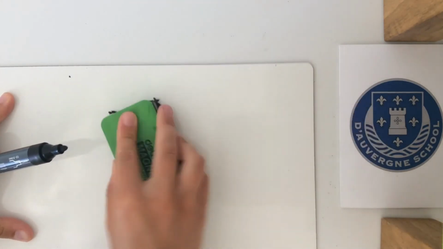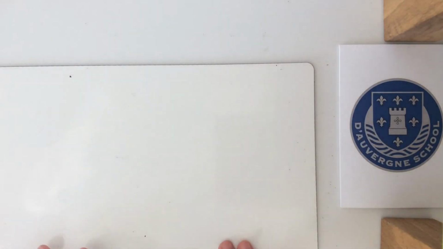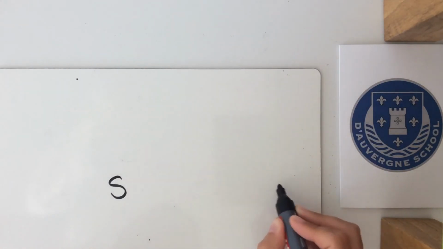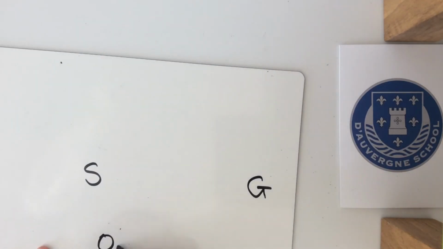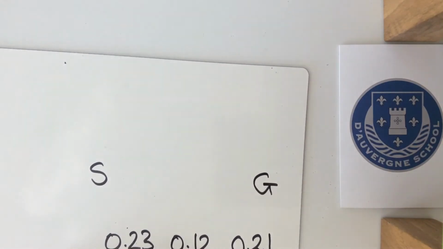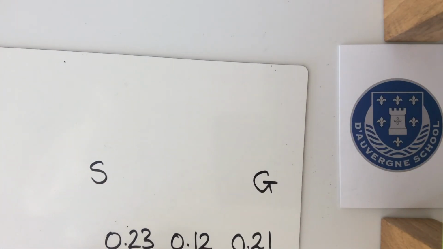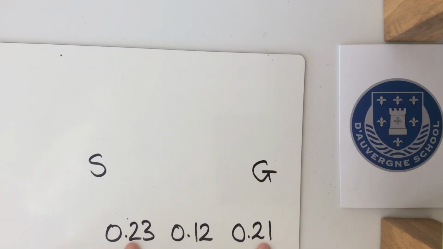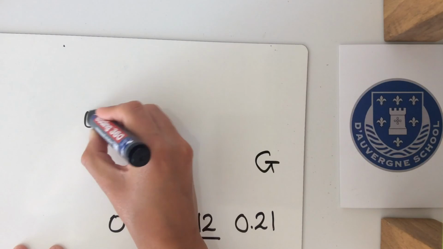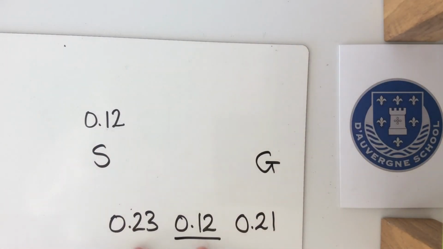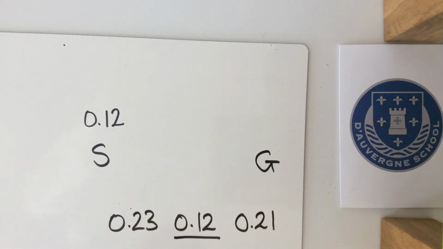Number 3, so now we are arranging in increasing order, so smallest to greatest. We have 0.23, we have 0.12 and 0.21. So which one is the smallest? Let's look at the tenths column. We've got a 2, we've got a 1, we've got a 2. So which one is the smallest? 0.12, because it's the only one that's got 1/10.